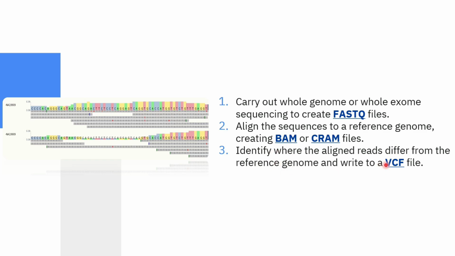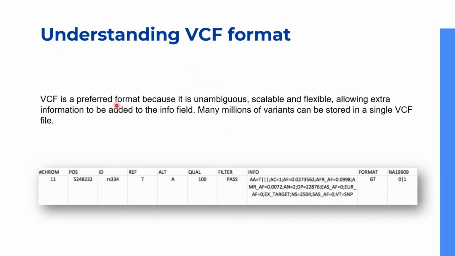And after that, what is a VCF file? I am going to explain it in this course. VCF is a preferred format because it is unambiguous, scalable, and flexible, allowing extra information to be added in many fields. VCF stands for variant call format. It is a tab-delimited data file.